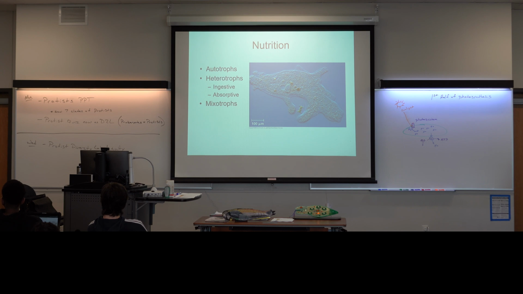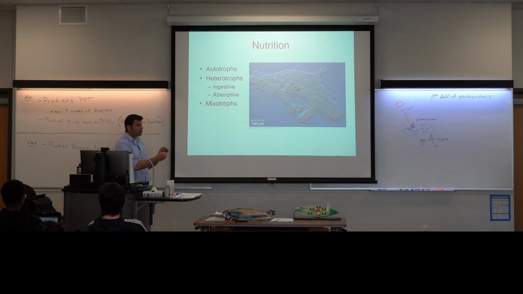And then the cells basically absorb the resulting nutrient-rich goo that is left over after those enzymes. This is what fungus do. They secrete these digestive enzymes on dead wood, and then the wood gets dissolved and broken down, and then the cells absorb the nutrients. Absorptive heterotrophs. Sometimes the digestive enzymes are on the outside.